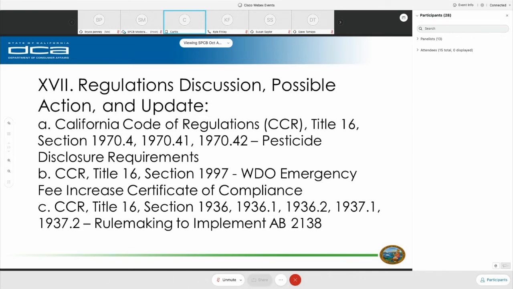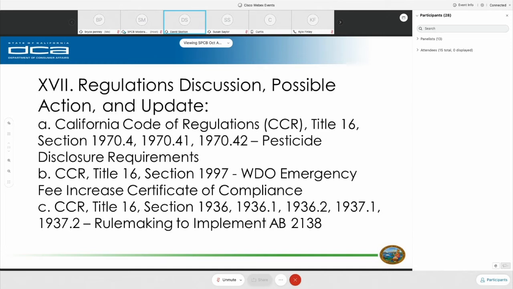Who's handling that? I thought that was going to be Sabina or Dave. Oh, okay. I can give a brief update on that. For the board members that don't know, there was a bill that passed last year, AB 2138, that significantly reduced barriers to potential licensees who had some criminal history issues that may have held up their licensing before.